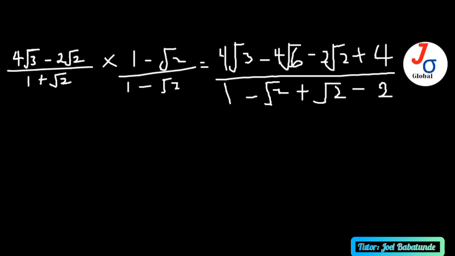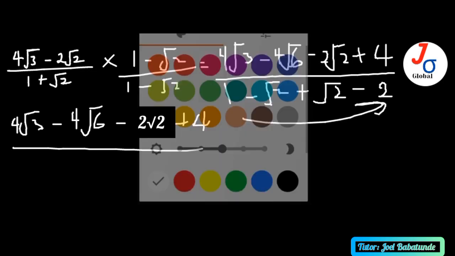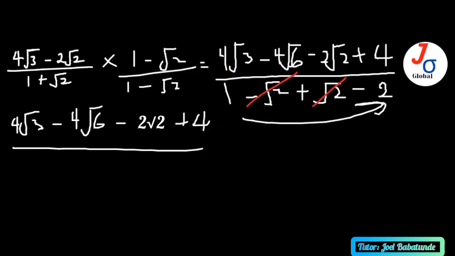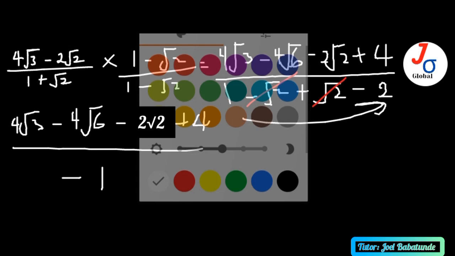Then I have 4 root 3 minus 4 root 6 minus 3 root 2 plus 4, over 1 minus 2, because the plus and minus root 2 cancel each other. 1 minus 2 is actually minus 1. So this is my final answer basically.